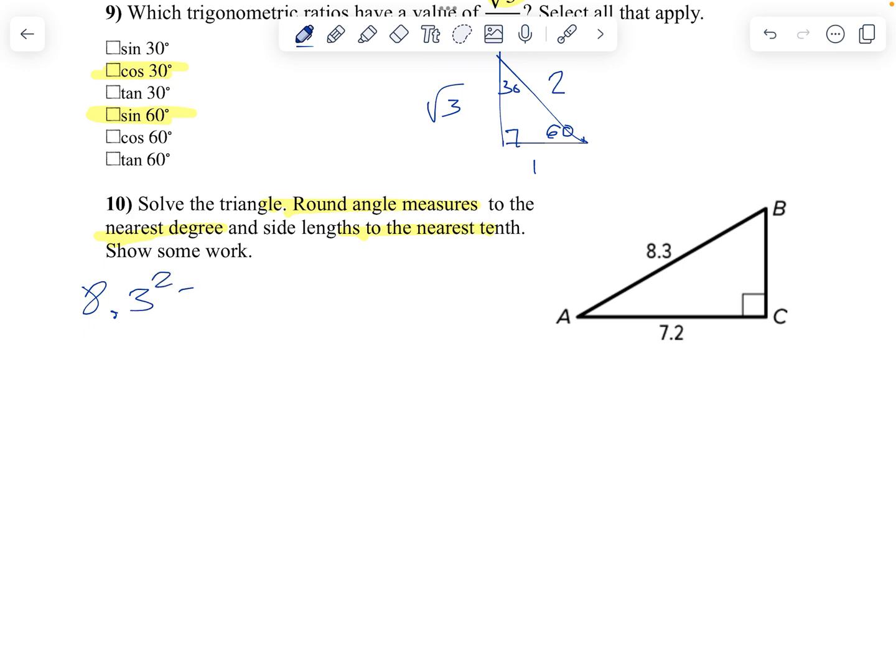8.3 squared equals 7.2 squared plus, we'll say, BC squared. So if we take 8.3 and we square it, and we subtract 7.2 squared, and then we take the square root of that answer, BC, sorry about that, the calculator isn't working, BC is 4.1.